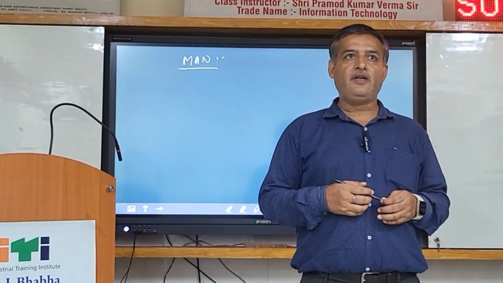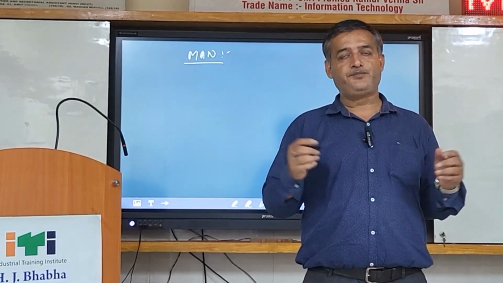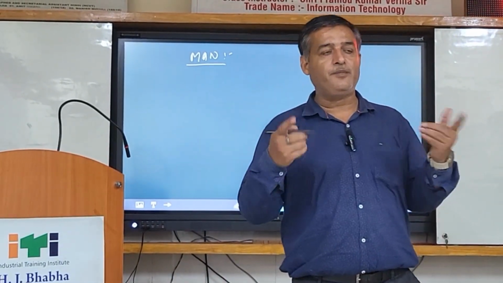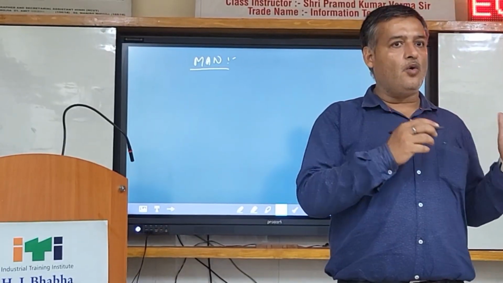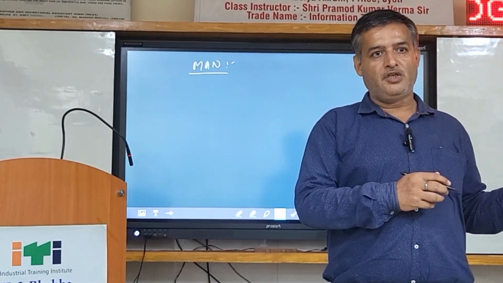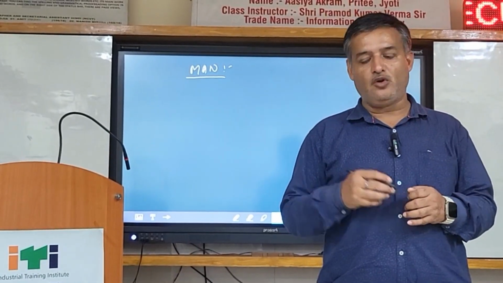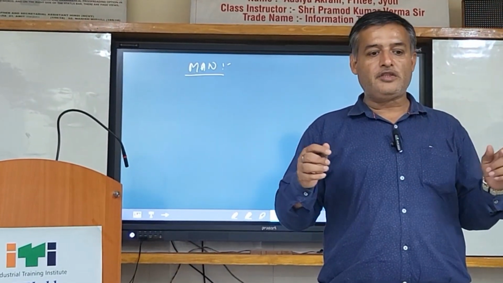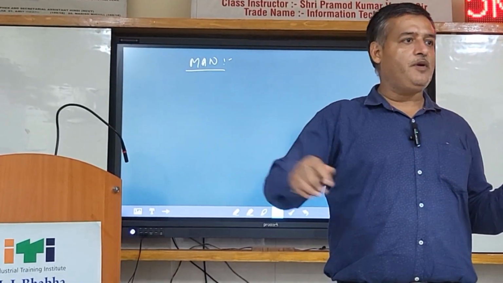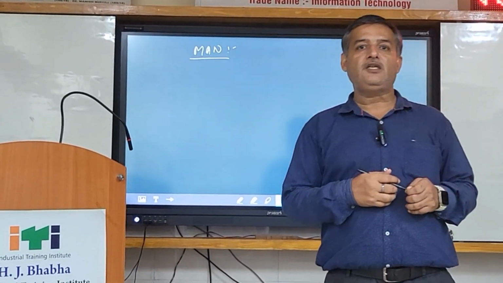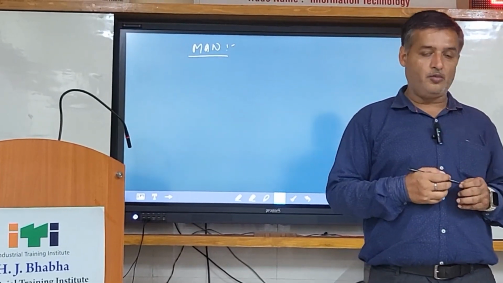Take an example: if we have a bank and the bank has two branches in a big metro city, and the computer at a particular branch wants to connect to another branch office, is it possible that the cabling is laid down between these two branches? Of course, not possible.